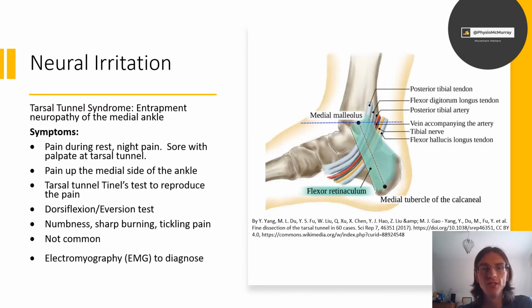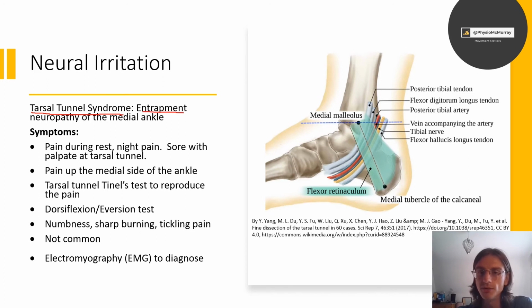Okay, so the next one is neural irritation, so nerve irritation. If you have nerve symptoms like pins and needles, numbness, or weird sensations in the medial side of your ankle, then you might be diagnosed with what's called tarsal tunnel syndrome. It's called that as the nerve gets entrapped within the tarsal tunnel.